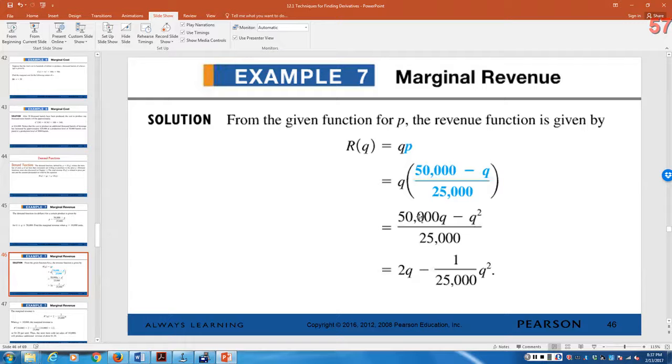So 50,000 Q over 25,000 is 2Q. And Q squared over 25,000 we're going to leave as 1 over 25,000 times Q squared, because that way we can think of 1 over 25,000 as just being a coefficient.